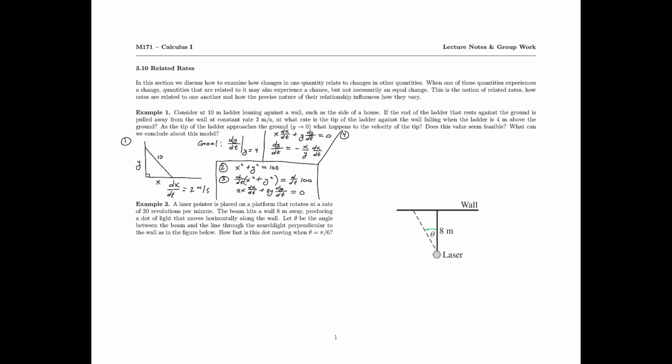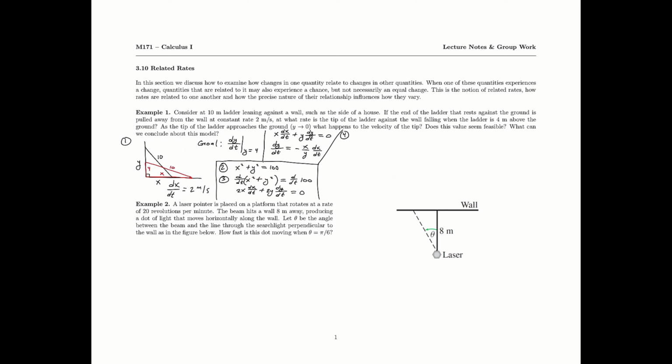Well, here's where you still have to think about this scenario. You can think of there being a moment in time where this distance y is exactly 4. This ladder is still 10, but now we need to figure out what is this x equal to when y is 4. Well, it's the same thing. It's still this Pythagorean theorem.